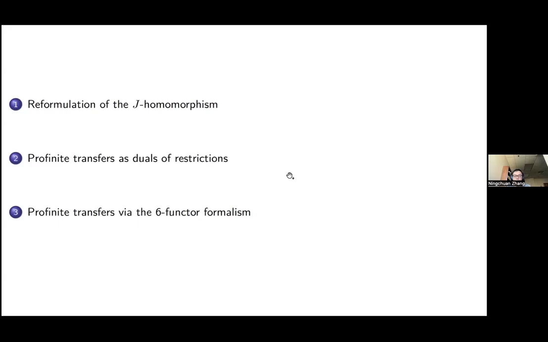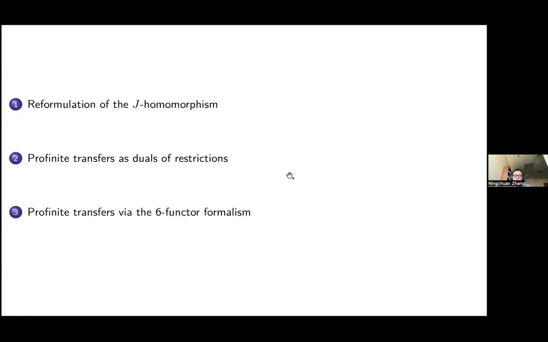In the first part, I'll review the classical J homomorphism and how to reformulate it in the chromatic language. In the second part, I'll give my first definition of profinite transfers as a dual of restriction maps. Some of you who know some equivariant homotopy theory probably know that in many cases, finite transfer maps are dual to restrictions, and we are trying to extrapolate that to the profinite transfer case.